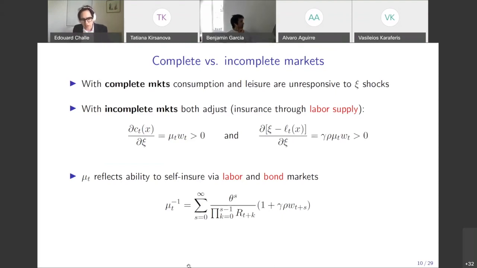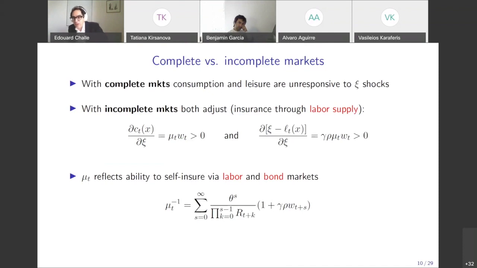Here it's to the power of -1, so that means that the larger the sequence of real wages, the smaller the MPC. That's not very surprising. When wages are higher, it's easier to use the labor market for self-insurance. Therefore, you're going to be more able to buffer the shock, and mu t will be smaller.